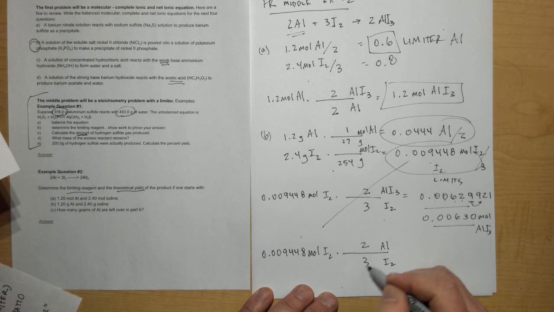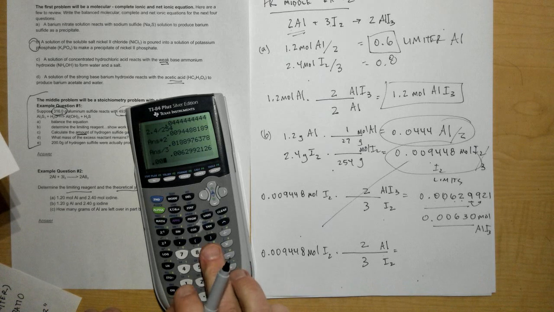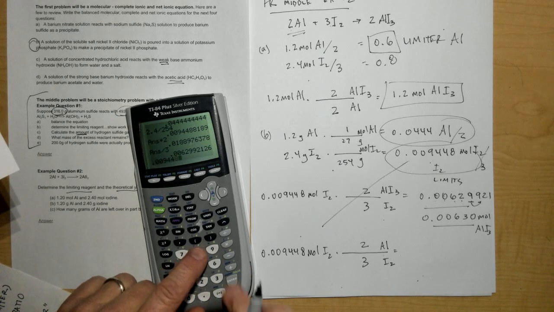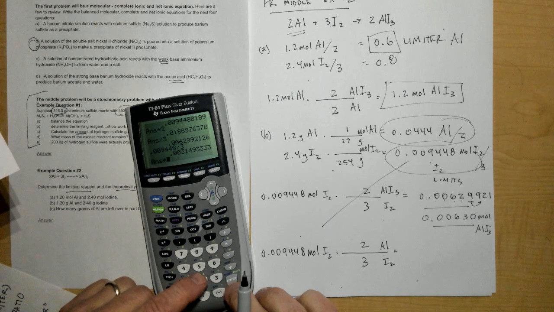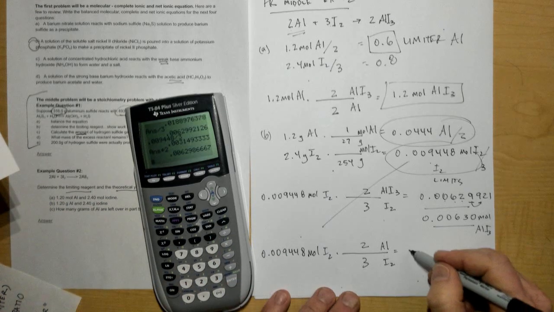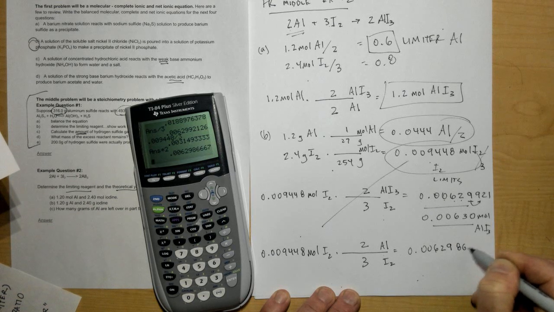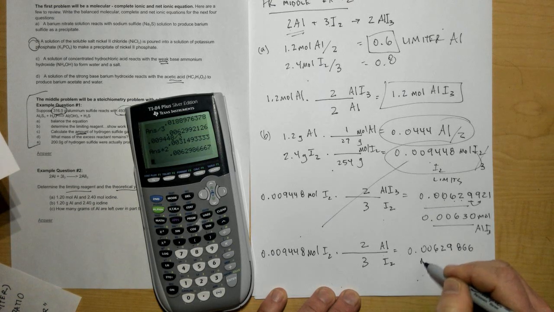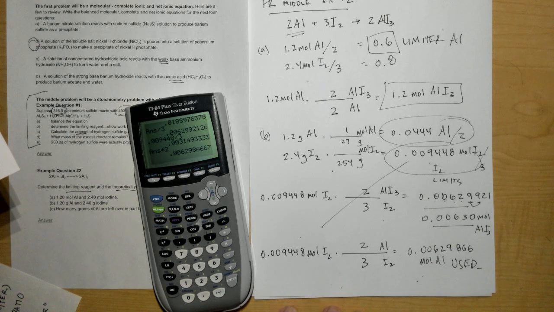Aluminum has a 2 in front of it, iodine has a 3 in front of it. So let's take this 0.009448 and divide that by 3, and then multiply that by 2, and I end up with 0.00629866, a few more numbers right there. And this is my moles of aluminum that are actually used up.